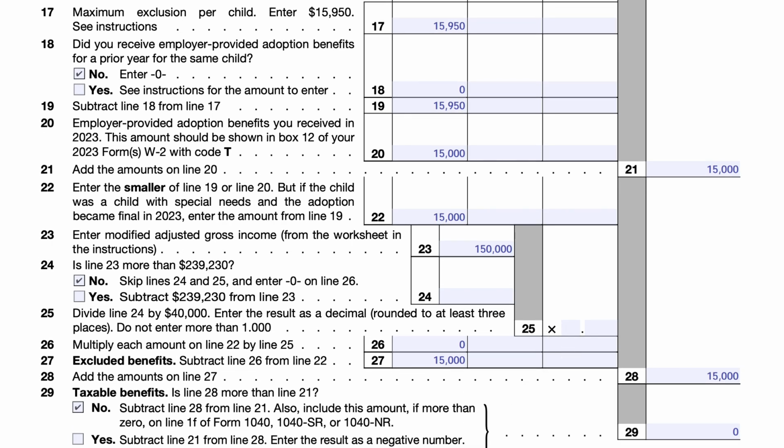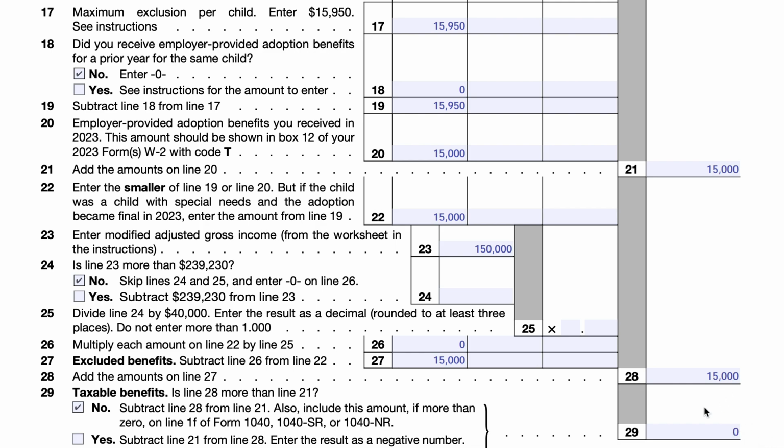So we're going to add up all the benefits, $15,000. Since line 28 is not more than line 21, we're going to subtract that. That becomes a 0. That's the amount of taxable benefits.